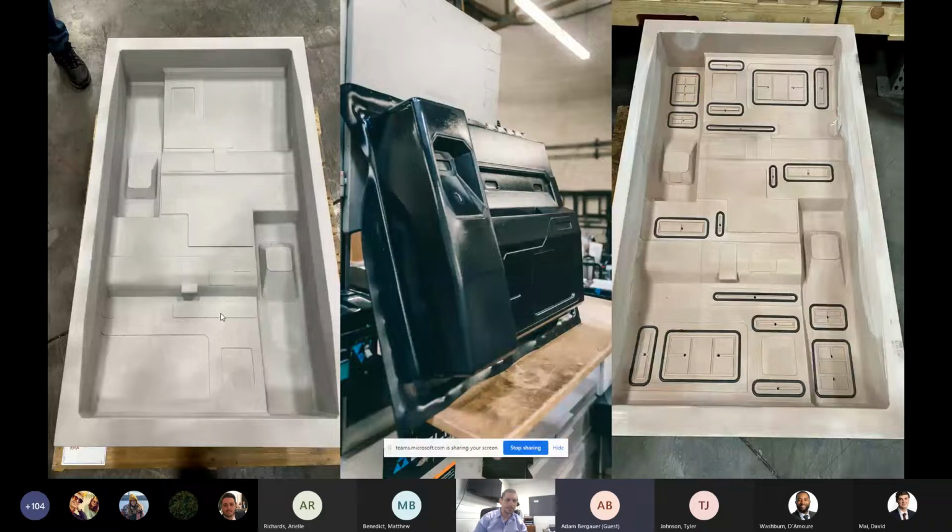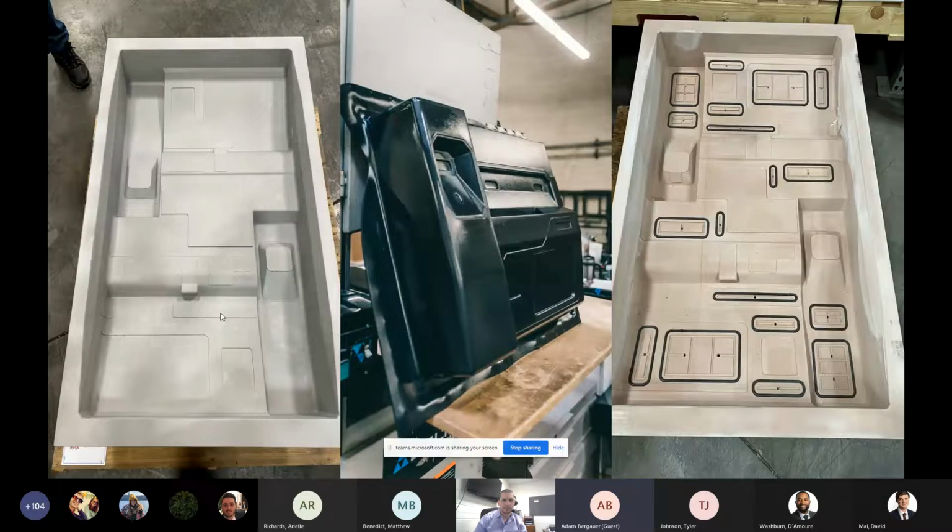And then in the middle of the screen, there's an example of one style of this kind of part. And on the right side is a CNC fixture. With plastic, you have to build in what we call shrink. This material is called Kydex, made by Sekisui. They're one of the biggest plastic providers in the world.